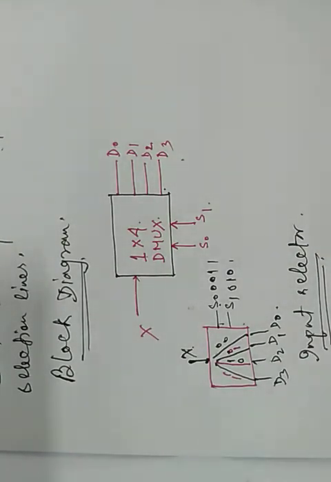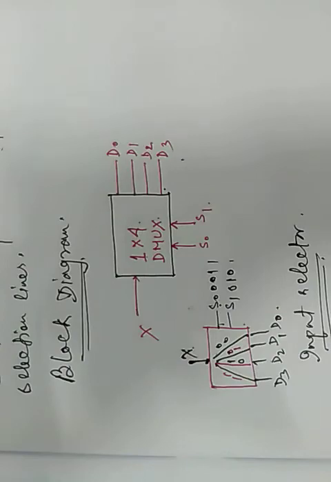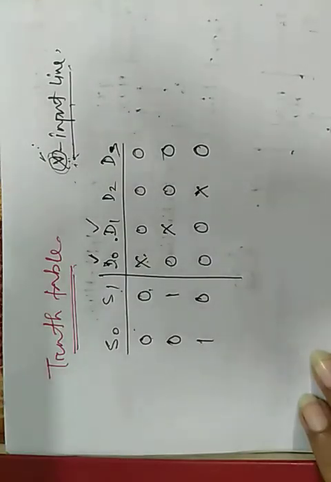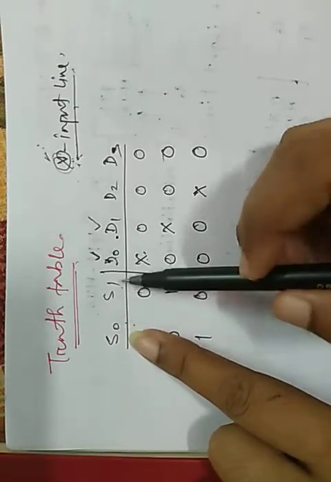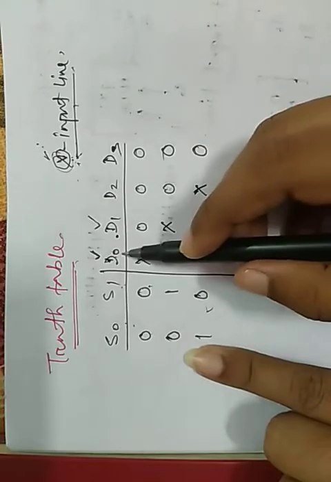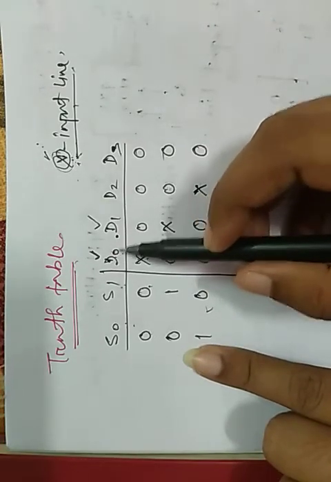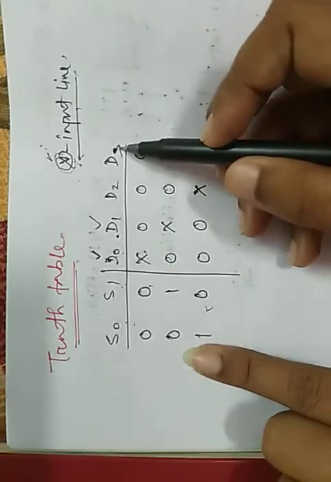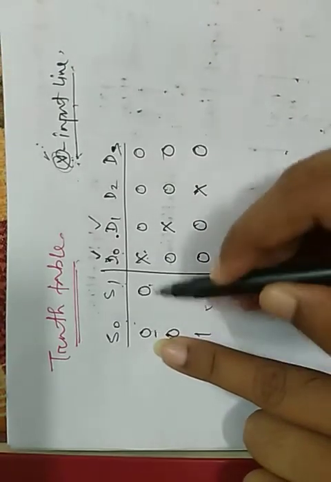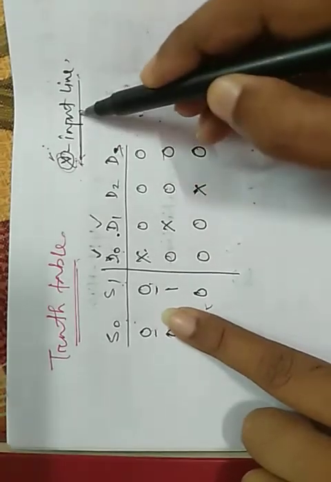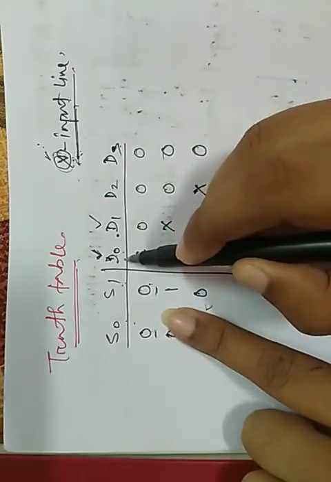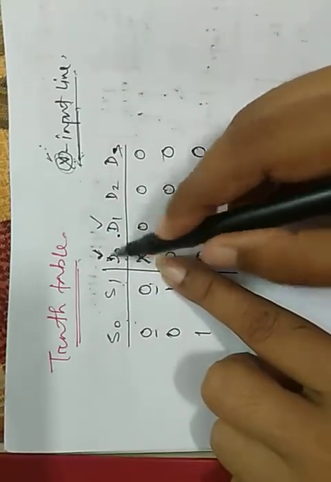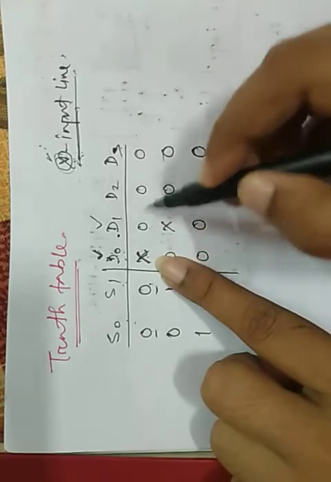Now let us draw the truth table and the logic gates of the demultiplexer. Here you can see our selection lines S0, S1, and our output lines D0, D1, D2, D3. If the selection is 0, 0, we get the X input, our input line, in our output line D0. So I have written the output of D0 as X and the other values as 0.